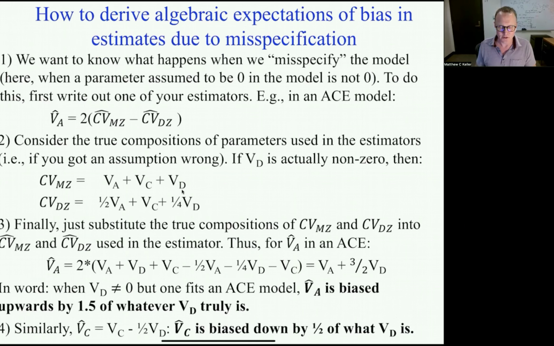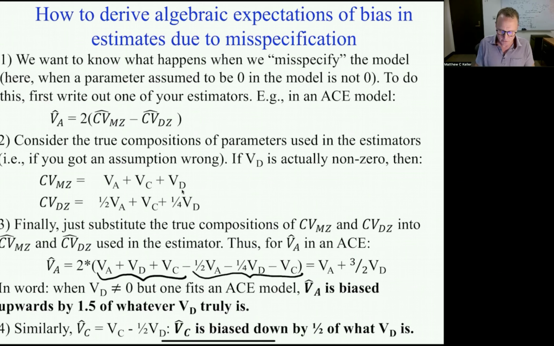And therefore, for an estimator of VA in the ACE model, we would have 2 times the true composition of MZs, if we didn't get the assumption correct, which is VA plus VD plus VC, minus the covariance of DZs, which is, if we got the assumption wrong, a half VA, quarter VD, and VC.